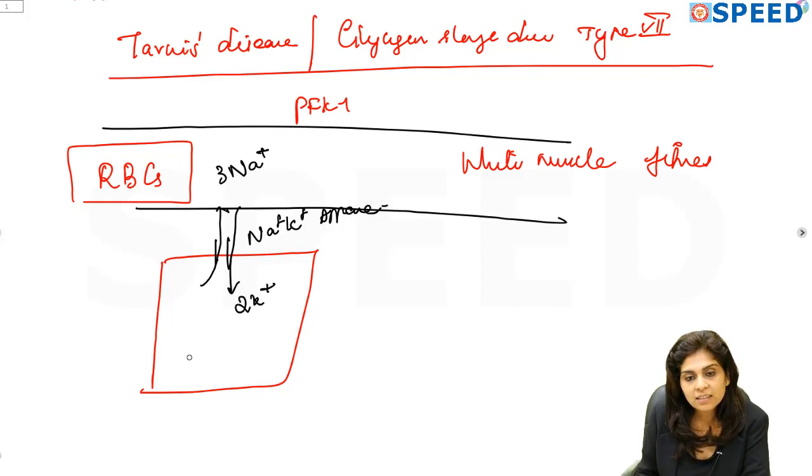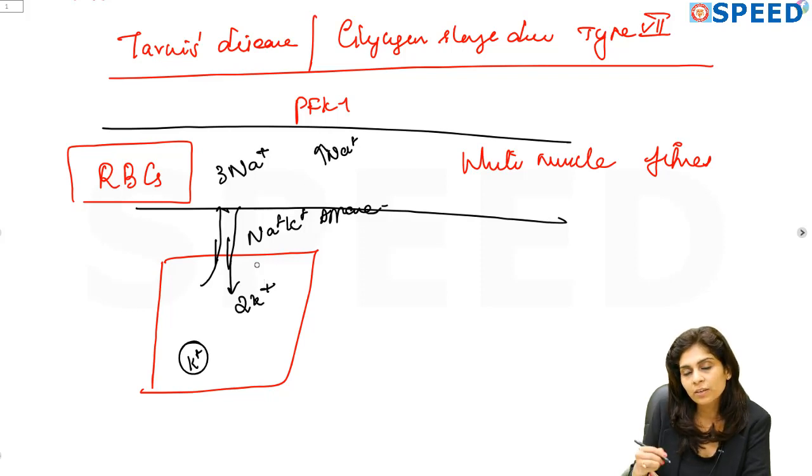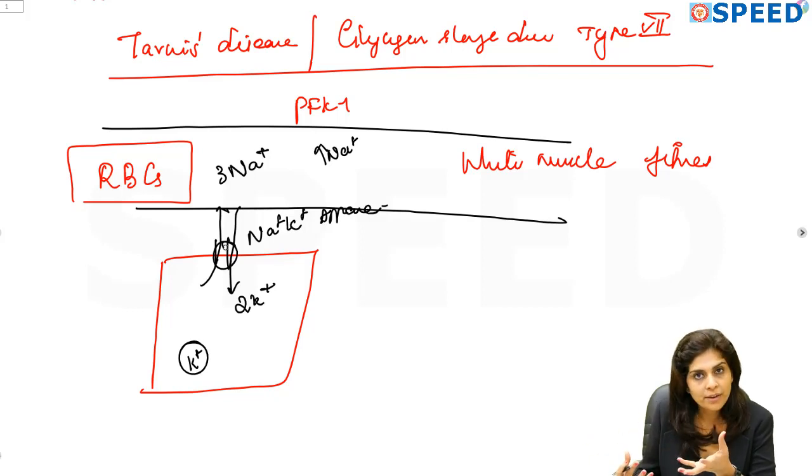And you know your intracellular fluid is already rich in potassium and your extracellular fluid is already rich in sodium. So it moves both these ions against concentration gradient, for which it needs energy. And that energy is obtained by hydrolyzing ATP. Okay, so if you're asked what is the ultimate aim of this pump, why does it pump out sodium ion, your answer should be it avoids sodium from getting accumulated within the cell.